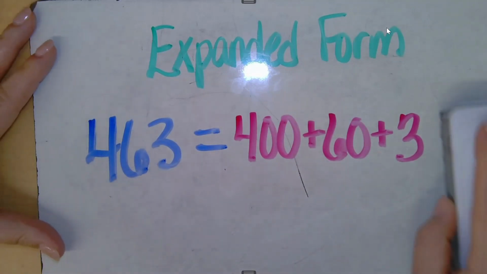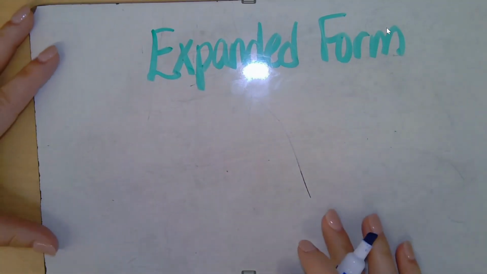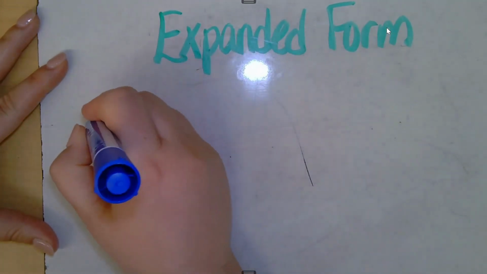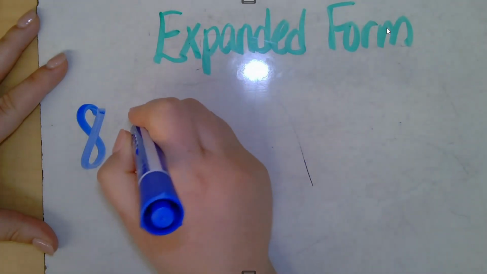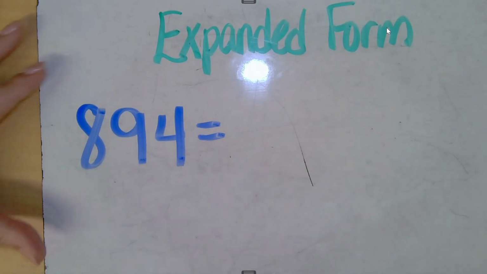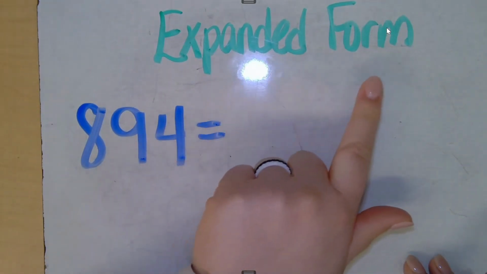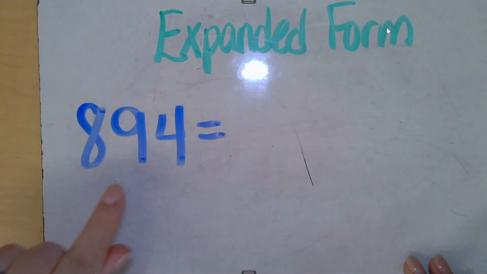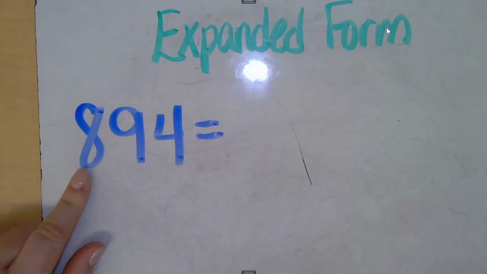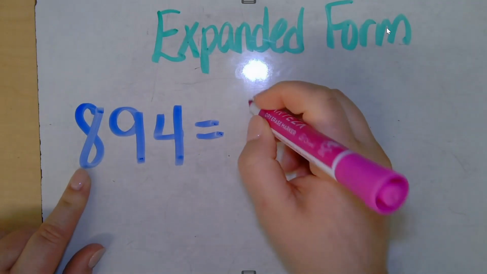All right, so erase. Let's try another expanded form. Let's start with the number 894. I want to take the number 894 and write it in expanded form. So I need to go by each place value and find the value of each place value. If there are 8 hundreds, then the value of this place value is 800.